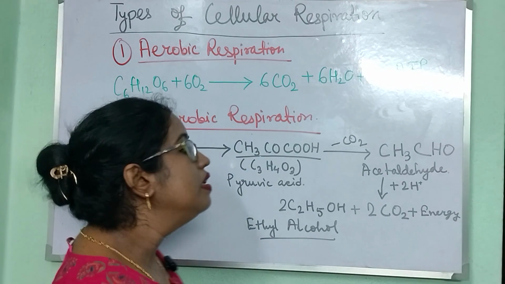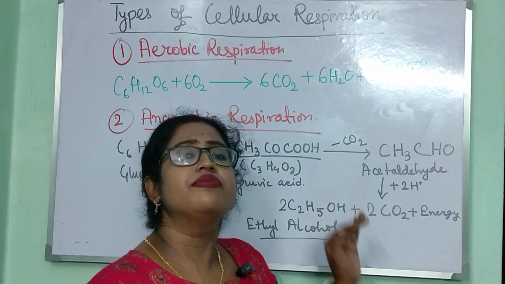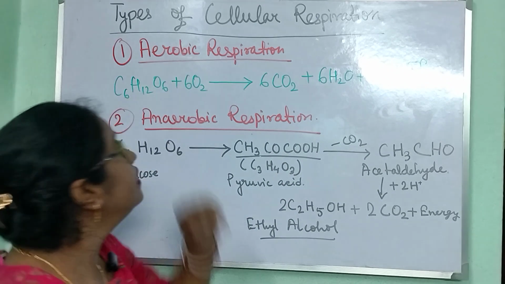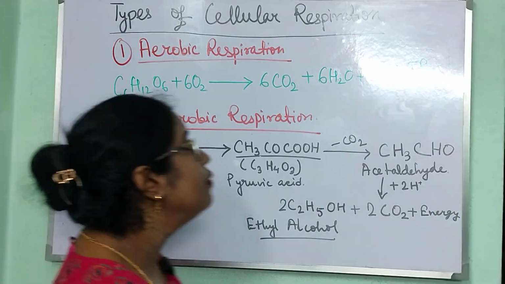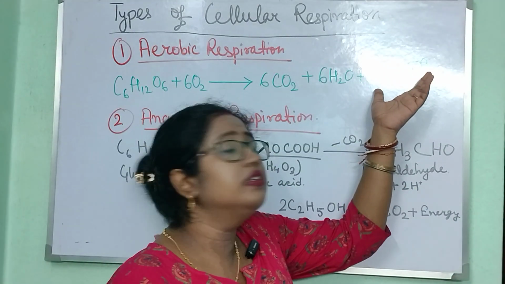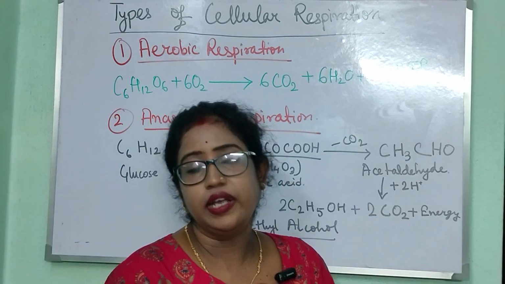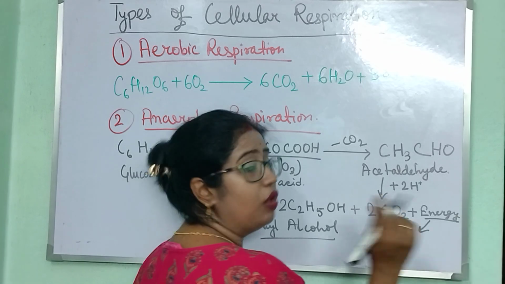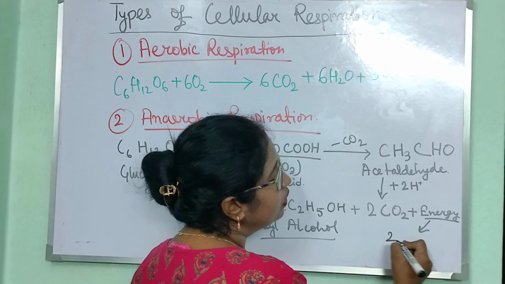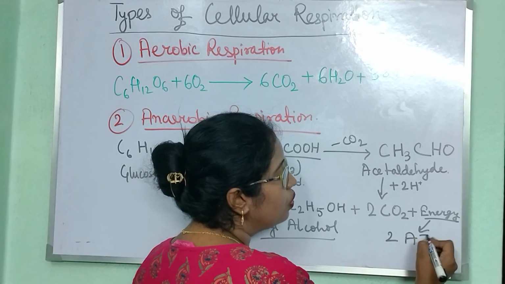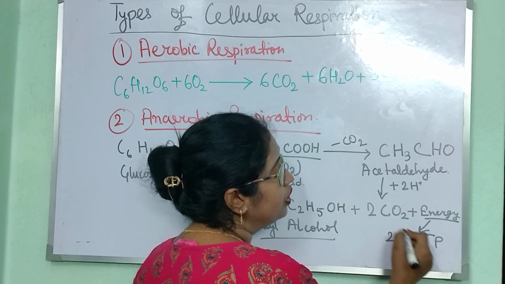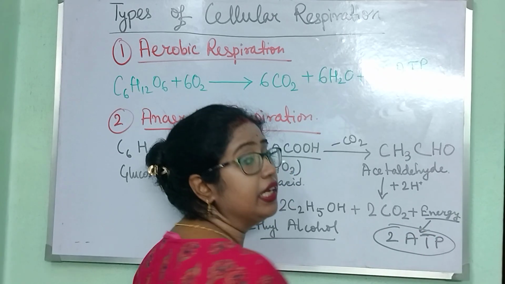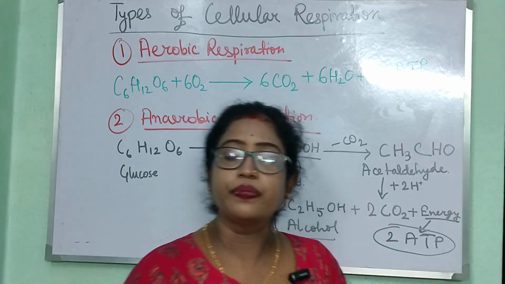But the energy formed here is a very small amount compared to aerobic respiration. In aerobic respiration, we saw that 38 ATP molecules were formed, but in this case only 2 ATP molecules are formed in the anaerobic process.